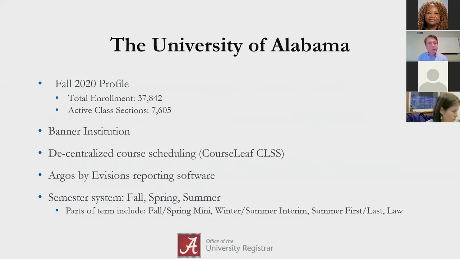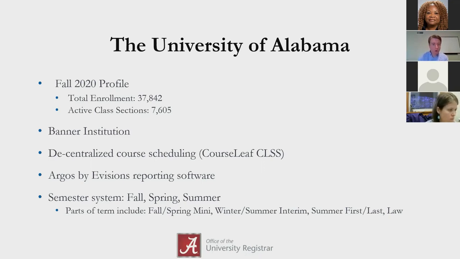So in Alabama, we had almost 38,000 students enrolled this past fall semester, and just over 7,600 active class sections. We are a Banner institution. We follow what I would consider to be a decentralized class scheduling model. Our office, we're charged with administering course leave class and Ad Astra for scheduling.